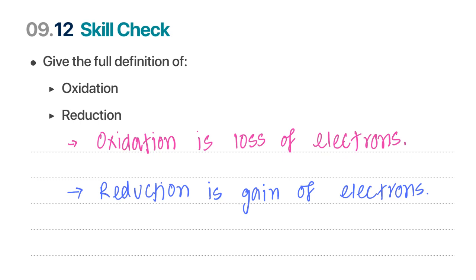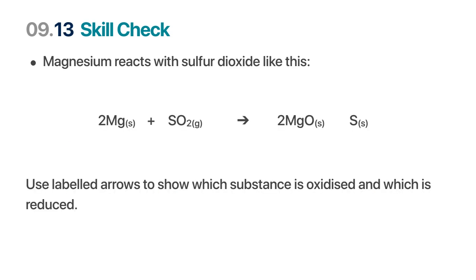Alright, let's move on. Magnesium reacts with sulfur dioxide like this. Magnesium reacting with sulfur dioxide, where it gains oxygen and sulfur in its elemental state is produced. Use labeled arrows to show which substance is oxidized and which is reduced. Now this is where our new definitions, of oxygen and hydrogen, are really important.